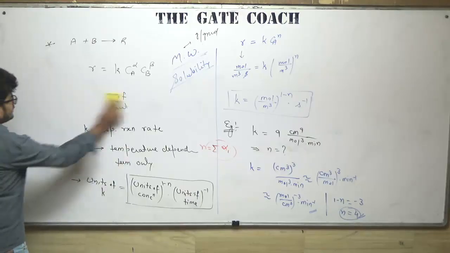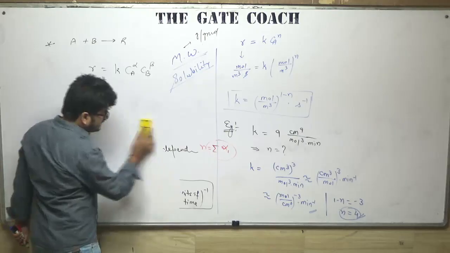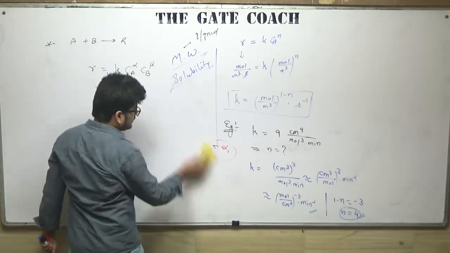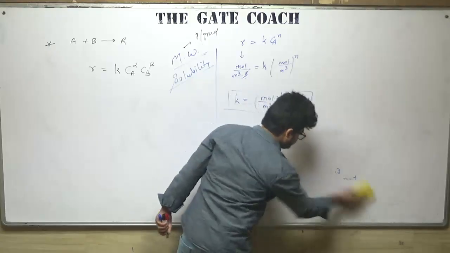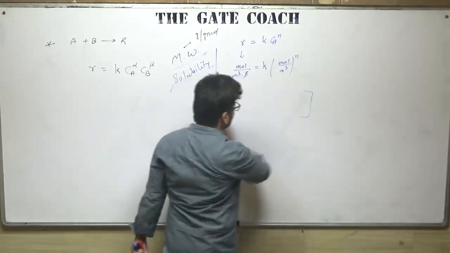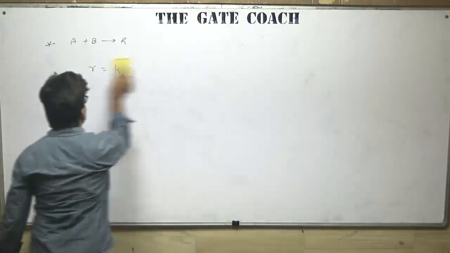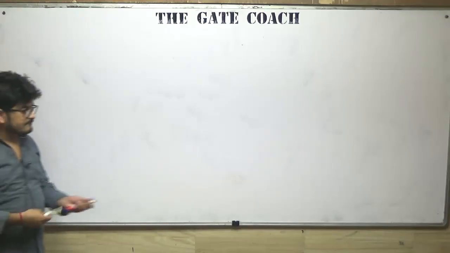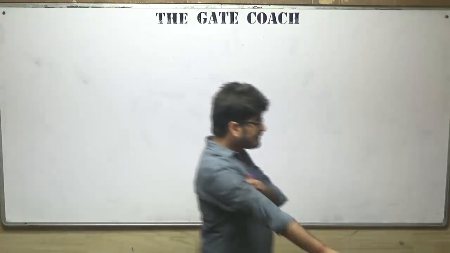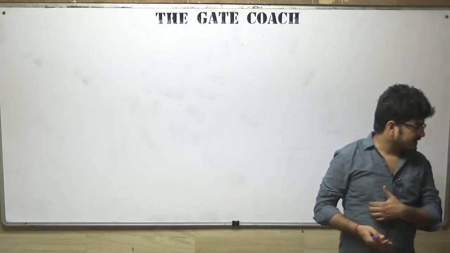So this is something about the rate constant K, guys. Now we will talk about the calculation. How can we calculate the rate constant K for any given reaction? What will be the example of a unitless parameter?